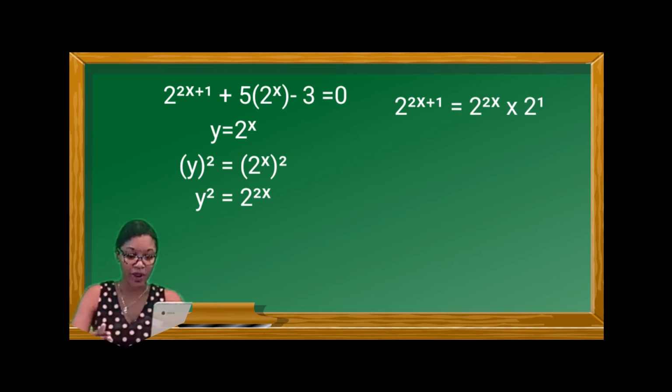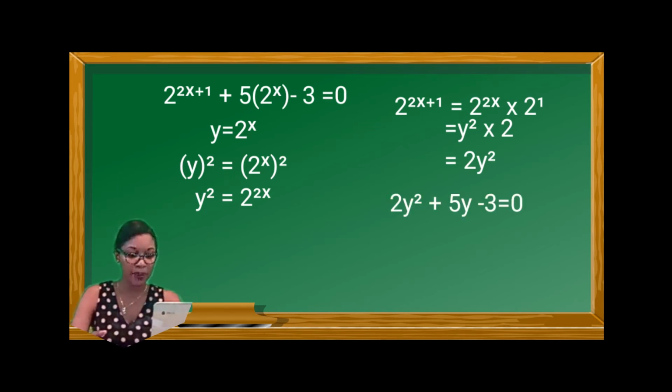We can rewrite the entire equation as y squared multiplied by 2, plus 5y minus 3 is equal to 0. So 2y squared plus 5y minus 3 is equal to 0.